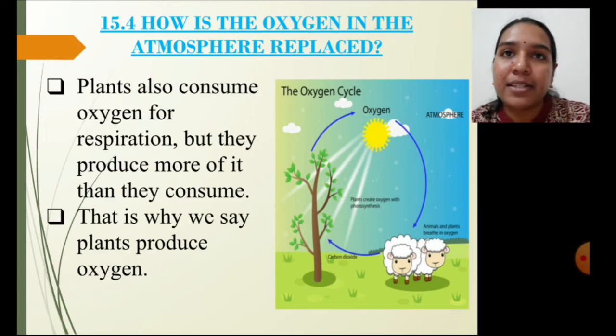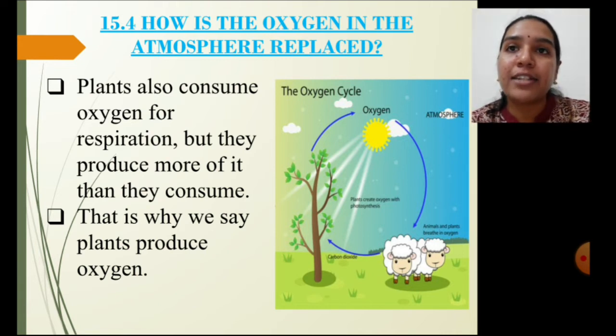Not only animals, but even plants undergo the process of respiration, which involves the inhalation of oxygen, but the amount of oxygen produced by plants through photosynthesis is far more compared to the oxygen utilized by the plants during respiration.